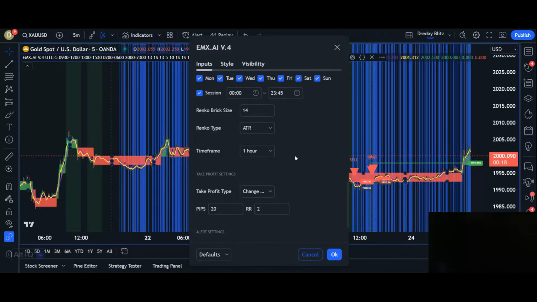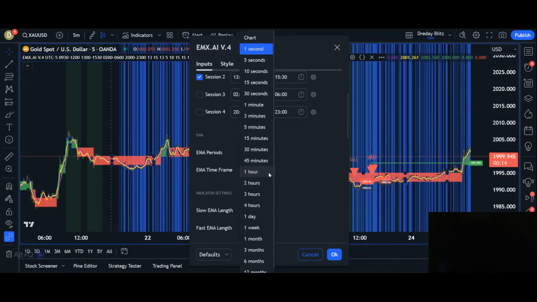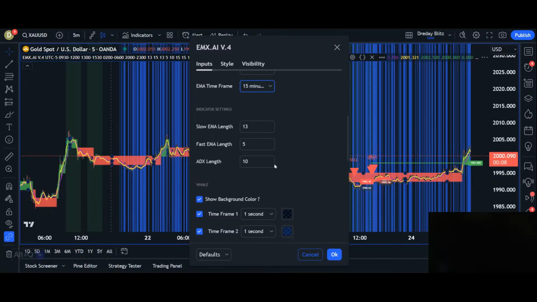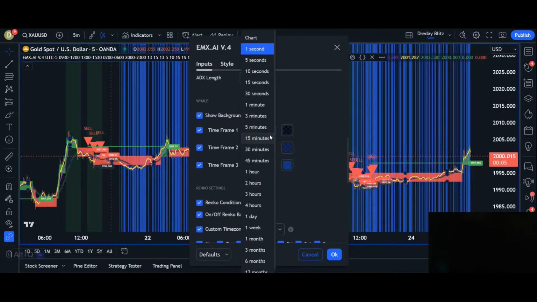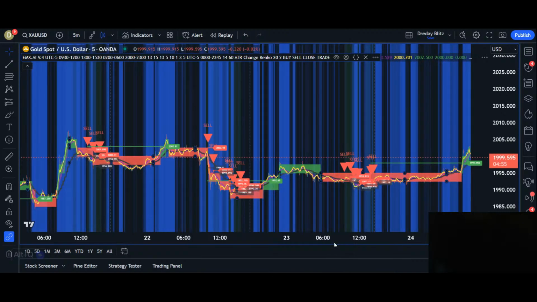Let me change. I don't have the right settings here. That's not the right setting. That's a test setting that I'm doing. So let me change that to this. 1, 2, 5. There you go.